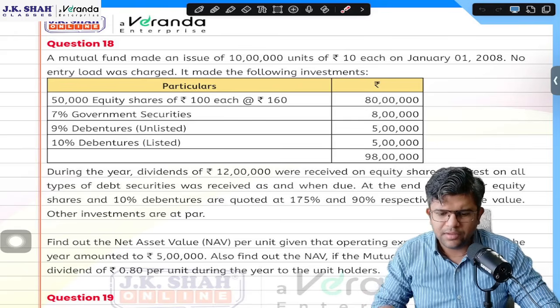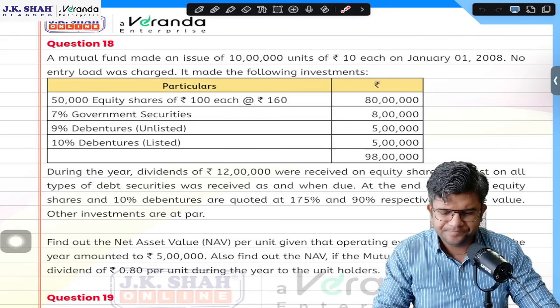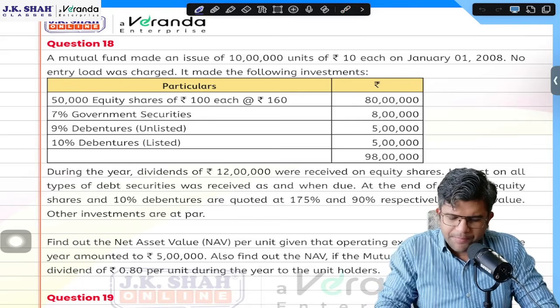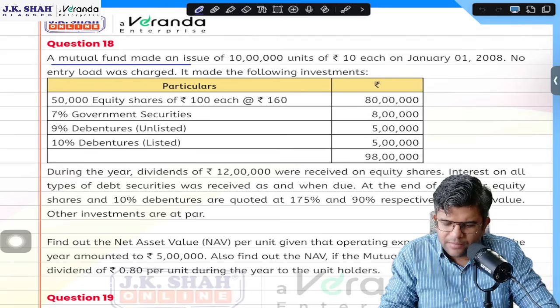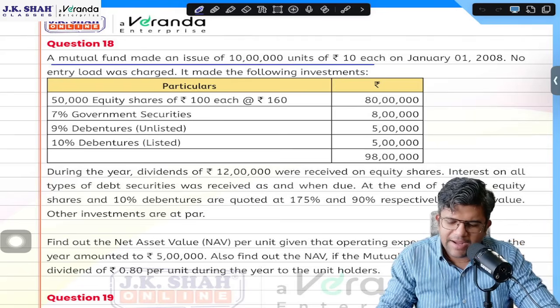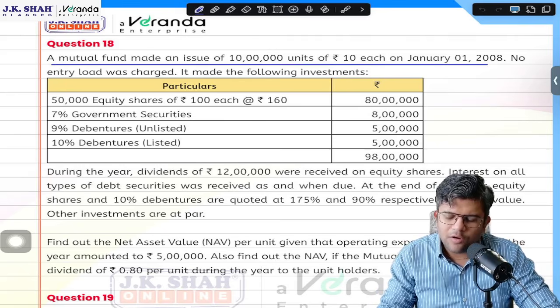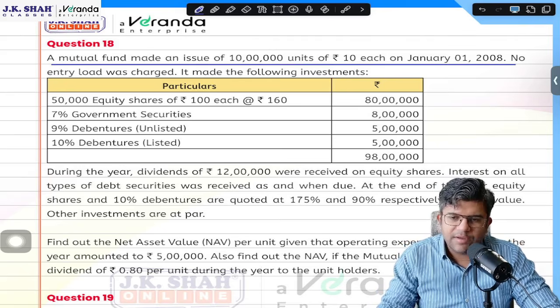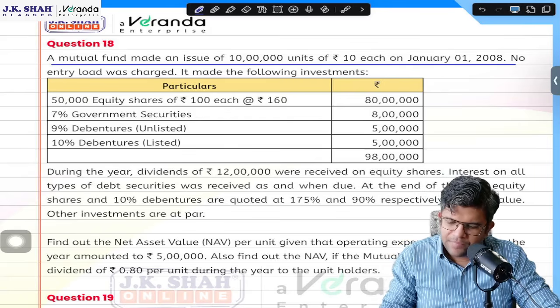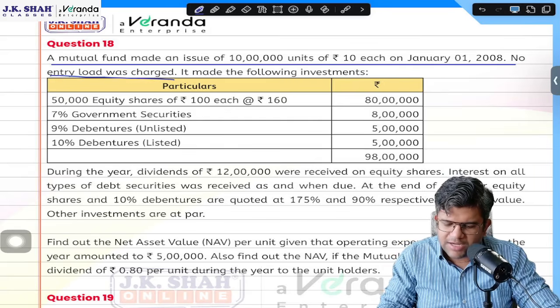Ready, everyone? Are we done with the question? Can I start? A mutual fund made an issue of 10 lakh units of 10 each on January 1, 2008. No entry load was charged.